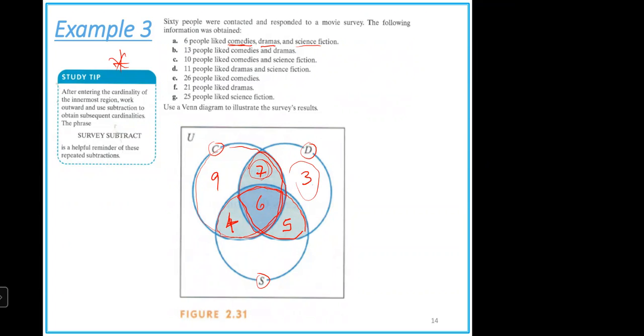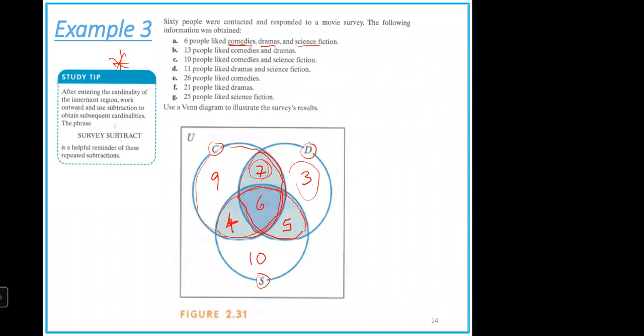The last section says 25 people like science fiction. We have 6 and 4, 10, and 5, 15, so we need another 10 to complete that.